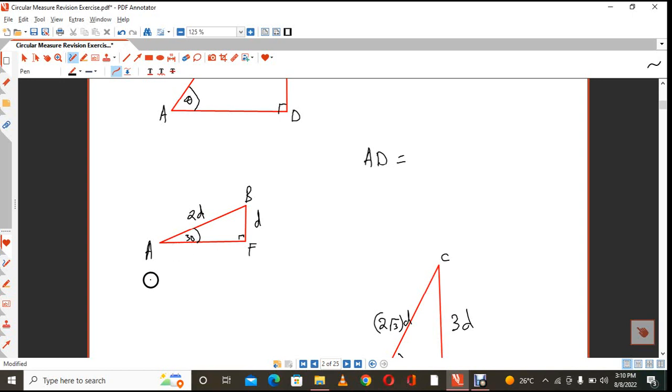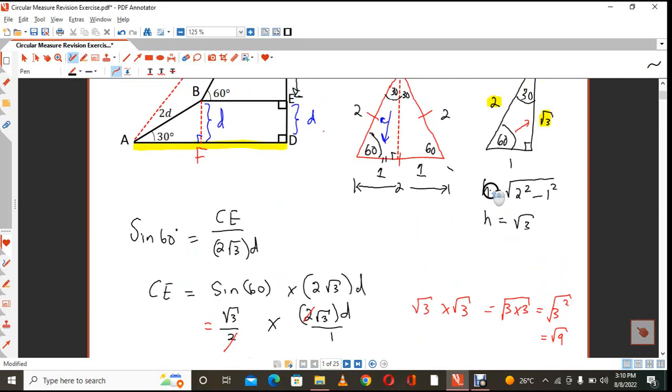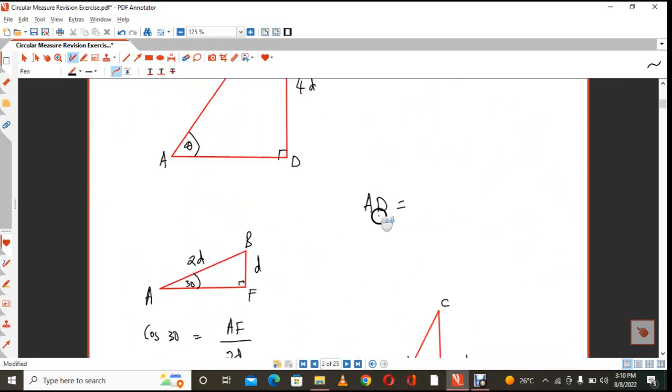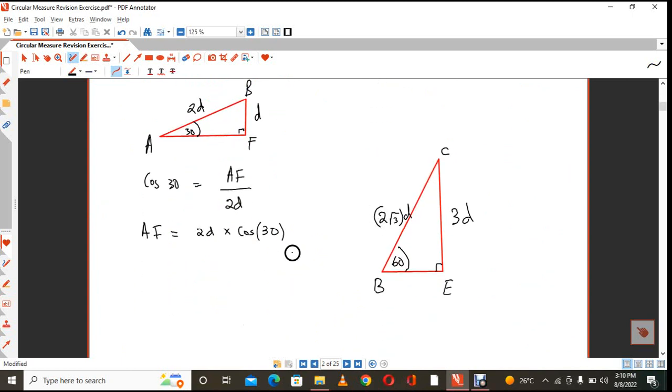I'm looking for AF, which happens to be the cosine of 30 degrees because it's next to 30 degrees. The cosine is AF over the hypotenuse of 2D. So AF will be 2D multiplied by the cosine of 30 degrees. If you know your special angles, you will know that the cosine of 30 degrees is root 3 over 2.